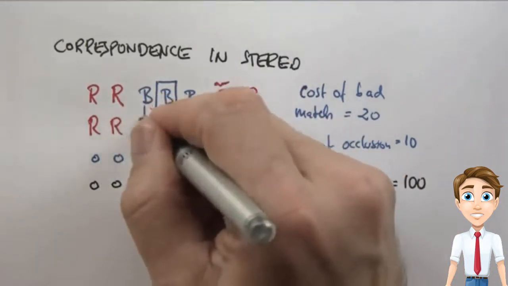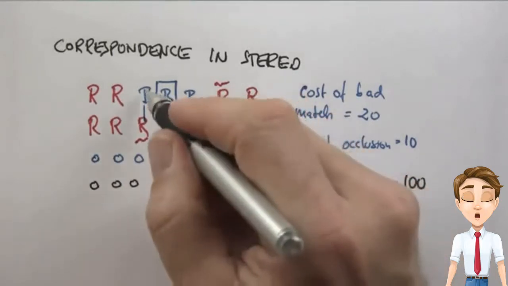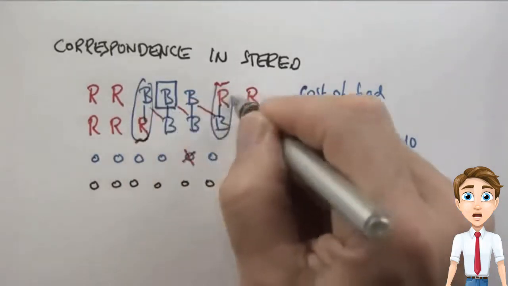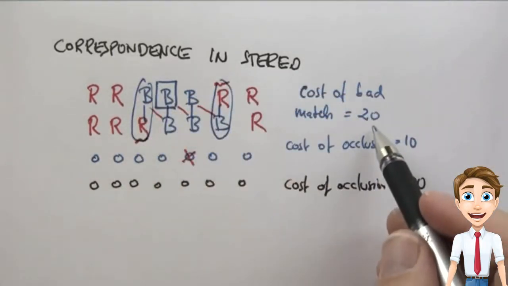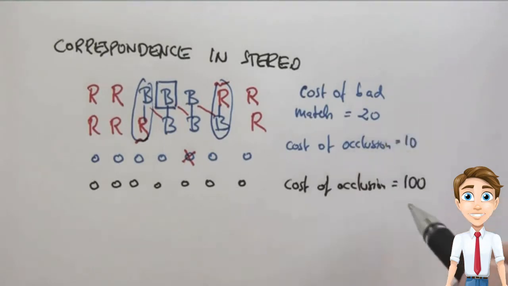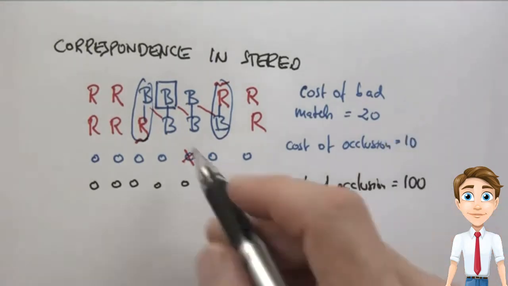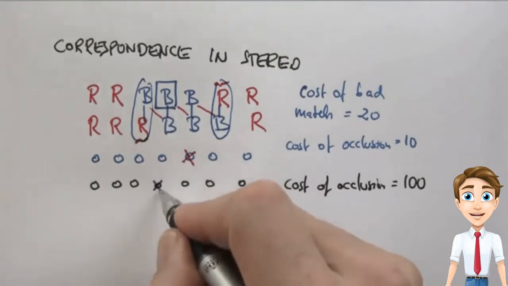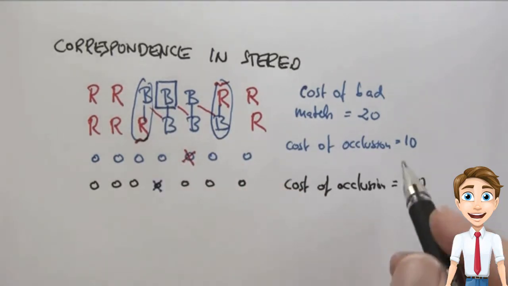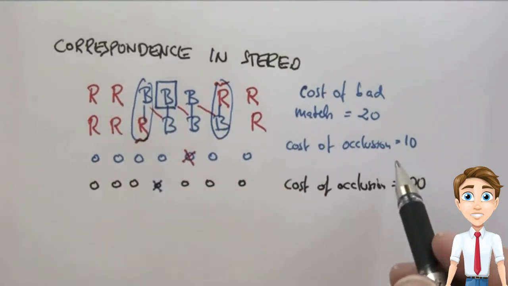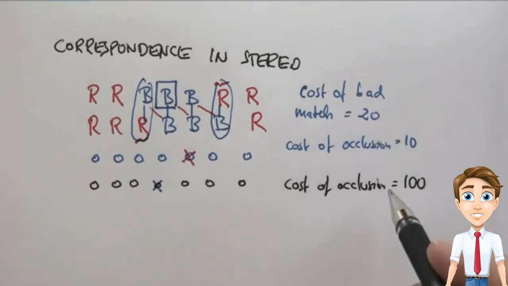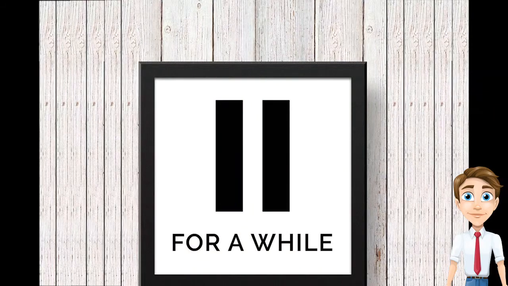If we match pixels one on one like this, then we get two mismatches, one over here, and one over here. The cost of those in total are 40. That is still smaller than the 200 occlusion costs we had before. Therefore, the B gets matched to this point over here. Notice how the different occlusion costs give different results for the correspondence problem in this dynamic programming question.